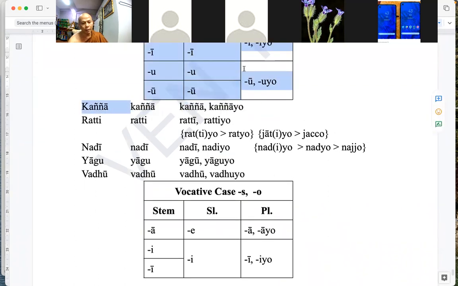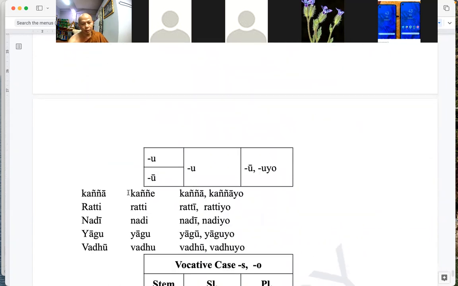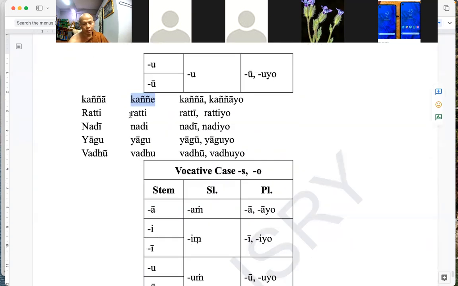But in vocative case, kanye. You see, R is replaced by the A. For rati, the same, rati yo. For nadi, long becomes short, nadi yo. Yagu yo, the same. But for wadu, long becomes short, wadu yo. Okay. So in this way.